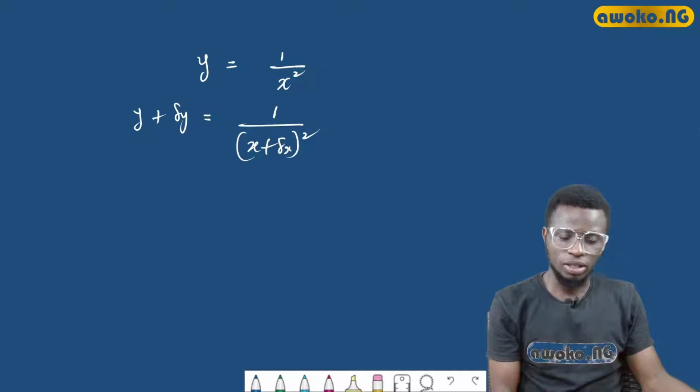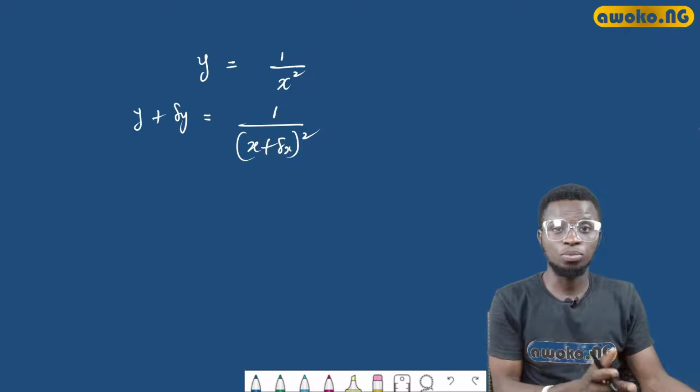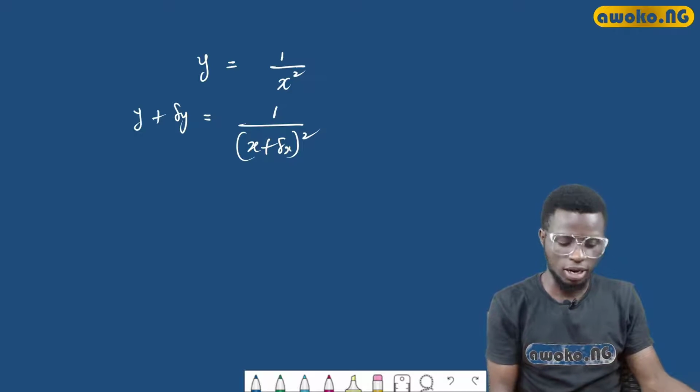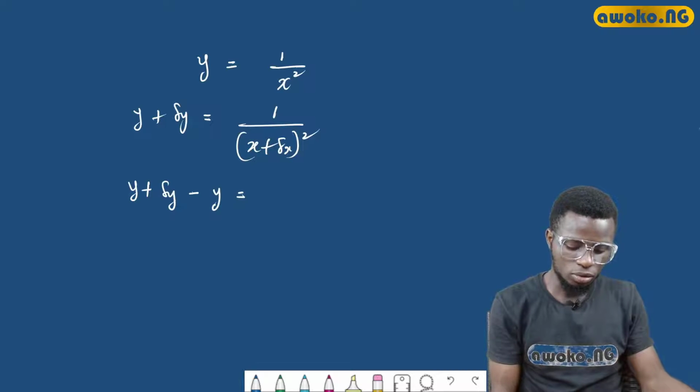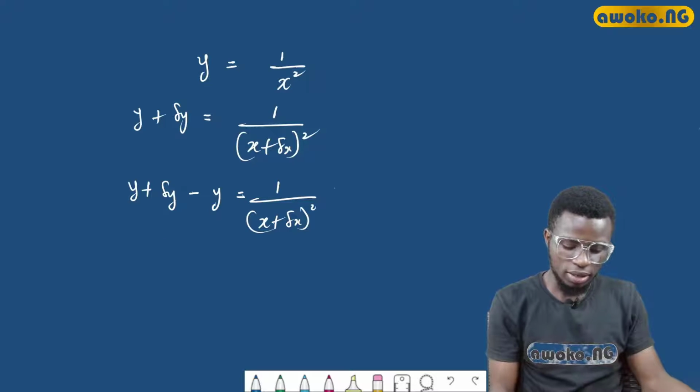Now, if you do this, you take y to the other side, or you simply subtract y from both sides. We have y plus dy minus y is equal to 1 over (x plus dx) all squared, then minus y.